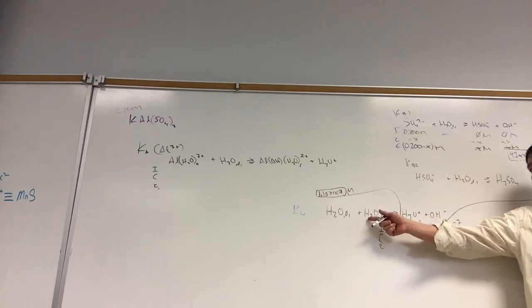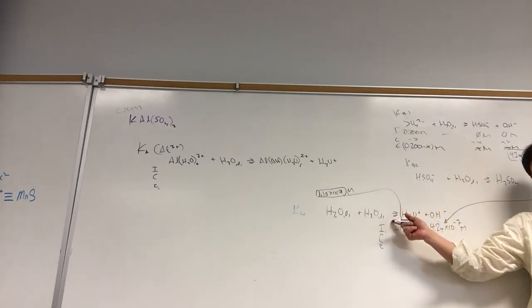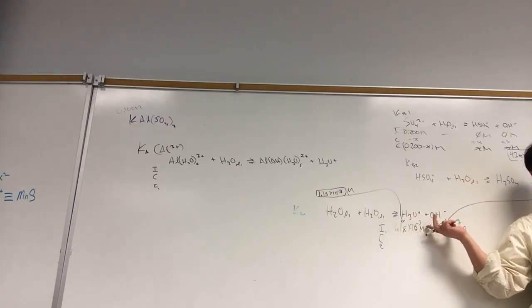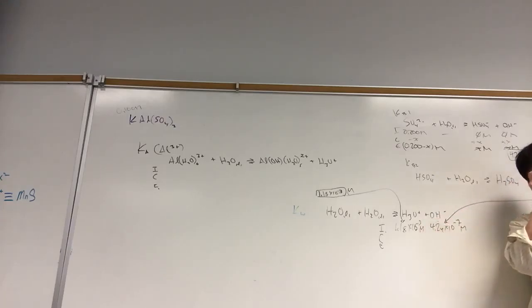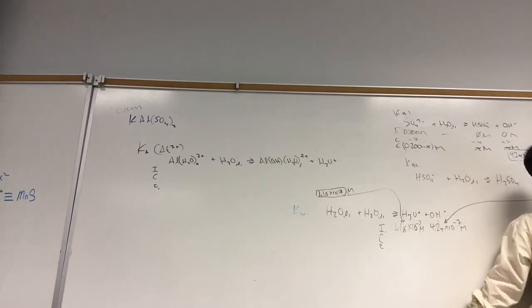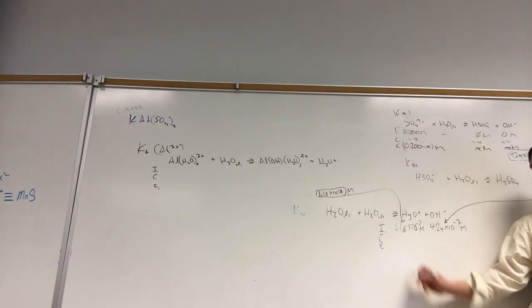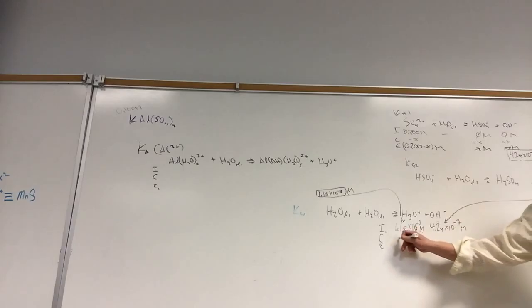Countering that reverse reaction is the forward reaction between the collisions of the water. But right now we've got too much hydronium and hydroxide to sustain. Do you see that Q is going to be greater than K? 10 to the minus 3 times 10 to the minus 7 is 10 to the minus 10, which is a lot bigger than 10 to the minus 14, so we've got too much hydronium and hydroxide, and we're going to lose some.